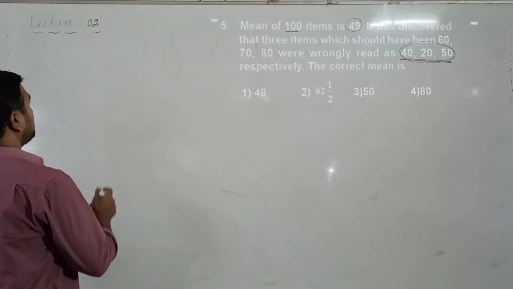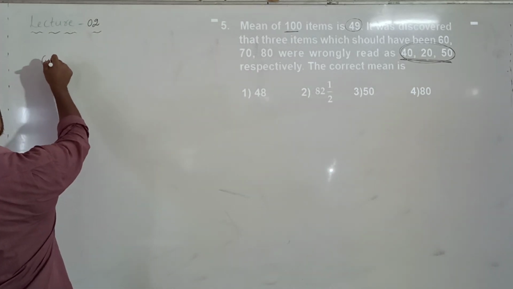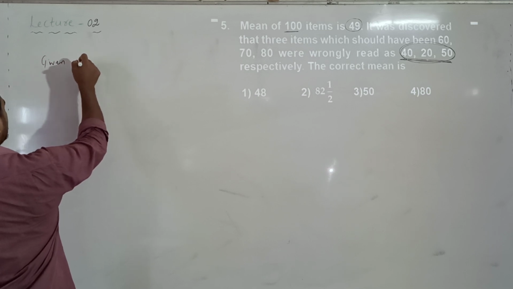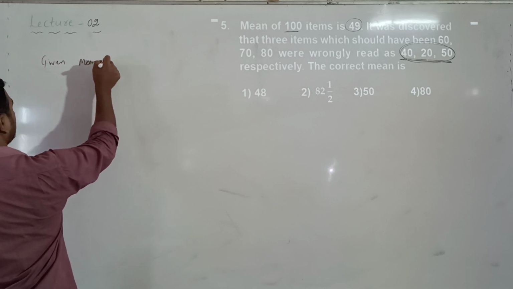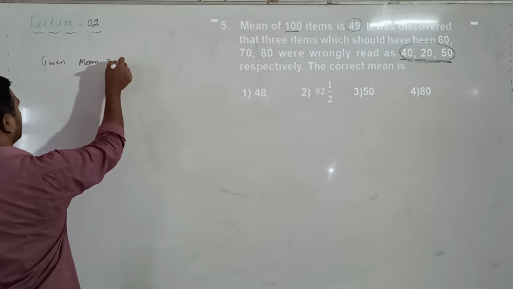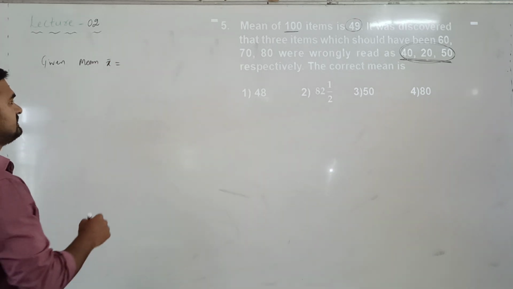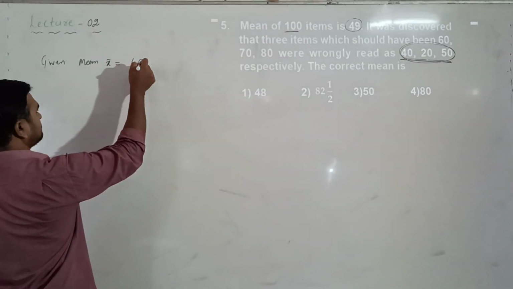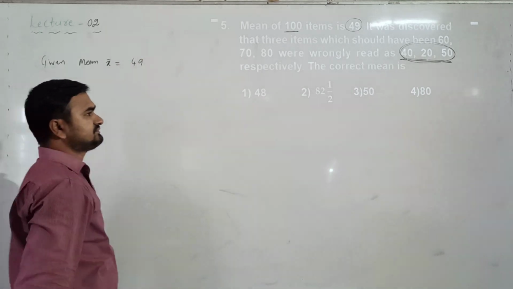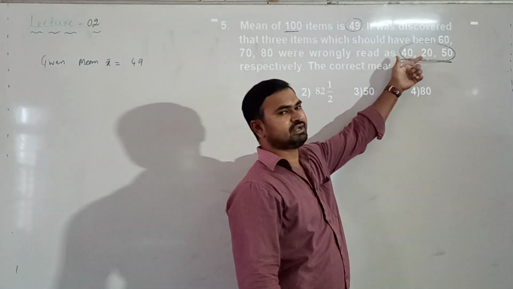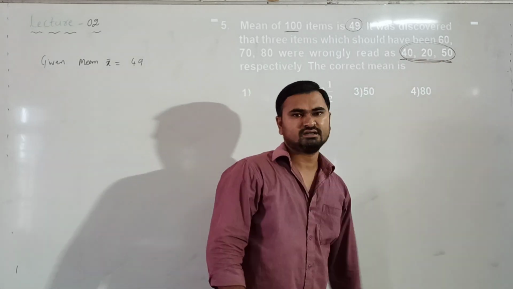The mean x bar is given as 49. Now this 49 is for these wrong readings 40, 20 and 50.